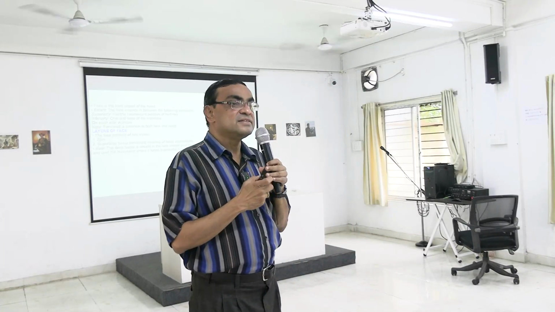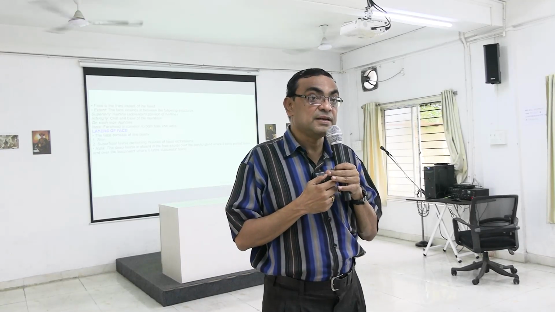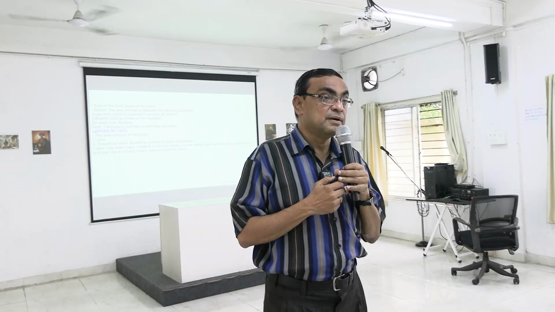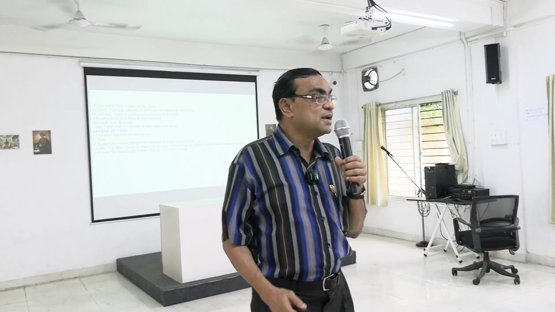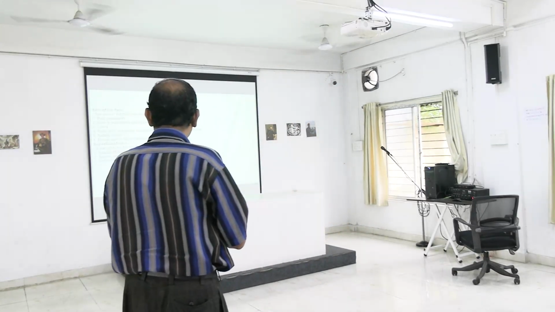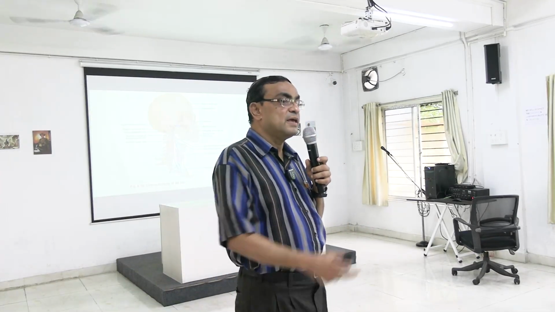So that is the peculiarity and some danger areas of the face. Which one is the danger area of the face? What I was saying? I was saying about the vein, facial vein. You can see this vein is formed by two veins at the medial angle of the eye.